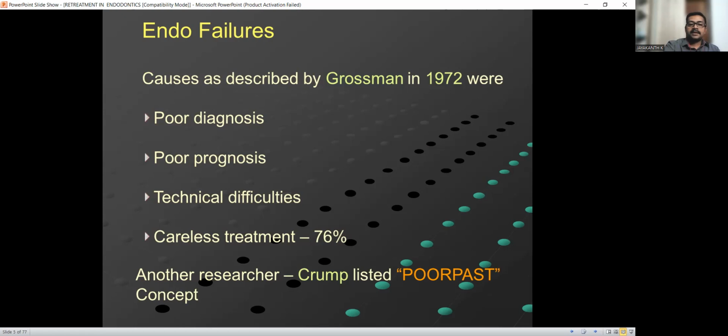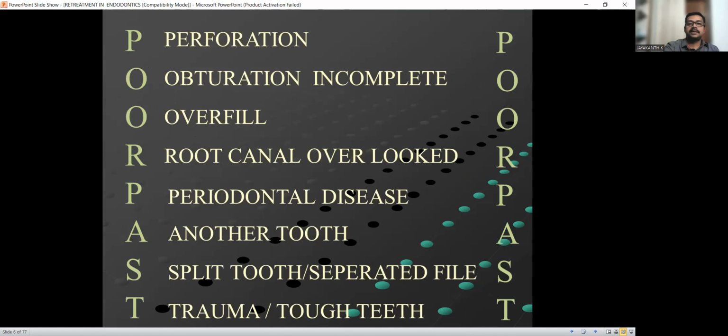Whereas another researcher, Crum, listed the endodontic failures in an acronym, poor past. Each letter denotes something: P stands for perforation, O for obturation incomplete, again O for overfill, R for root canal overlooked, P for periodontal disease, A for another tooth, S for split tooth or separated file, T for trauma or tough teeth.